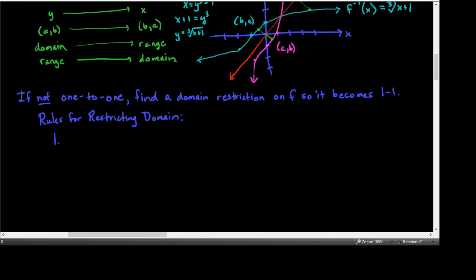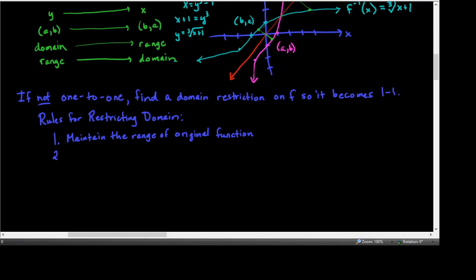Number 1, maintain the range of the original function. That's very important. We don't want to lose any of the y values that the original function has. So that's a first rule, is you have to maintain that.